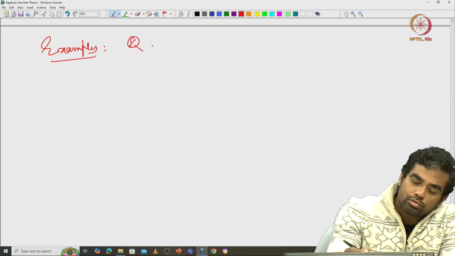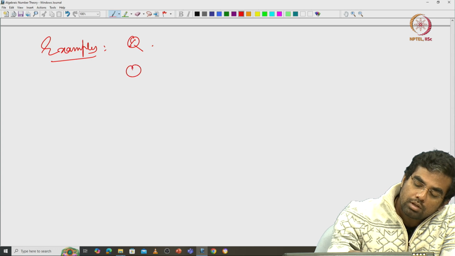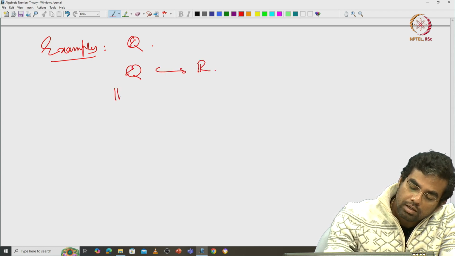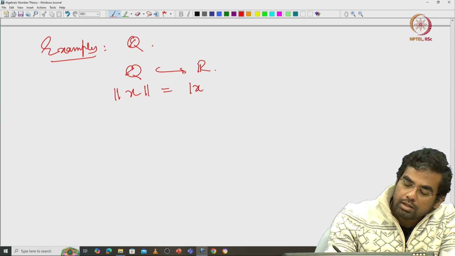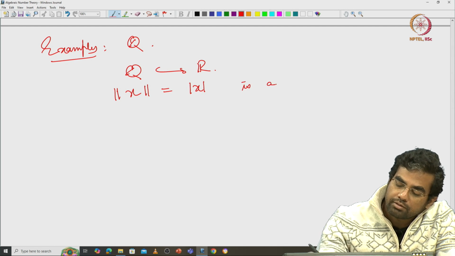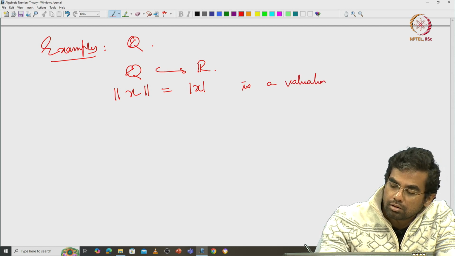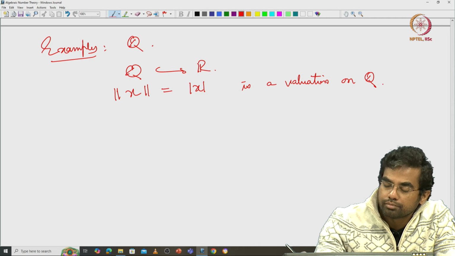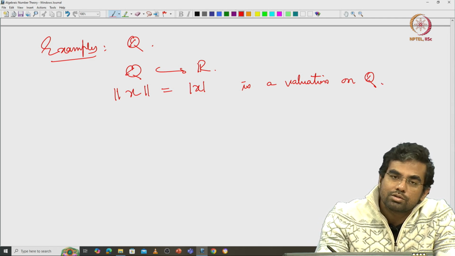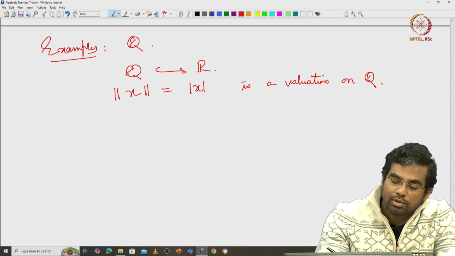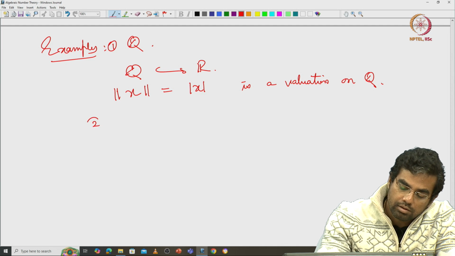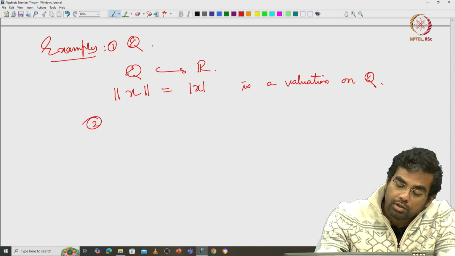Look at Q. Now you can embed Q inside R, and if you define it like this, where this is the usual modulus in R, this is a valuation on Q. Of course you do not need rational numbers to define the modulus, but there is a reason I am doing this. This will be clear in the third or fourth example that I am going to give.